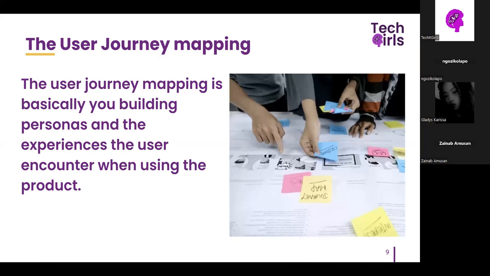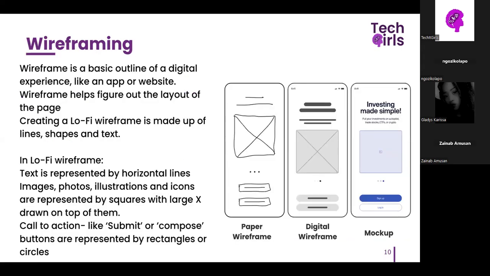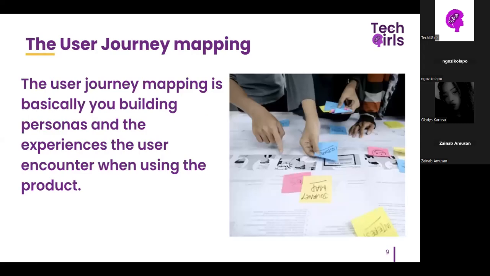For instance, if your persona's name is Felicia or Gladys, you document the experiences that Gladys faces, even before, when she had the problem that you want to solve. That's user journey mapping. I just wanted to give a detailed explanation on design thinking because I don't think I was detailed enough in the last class.